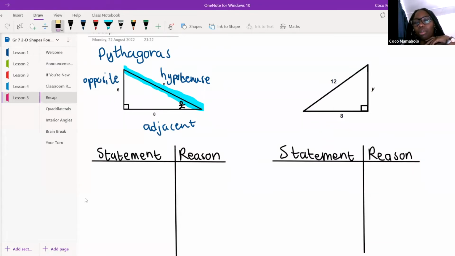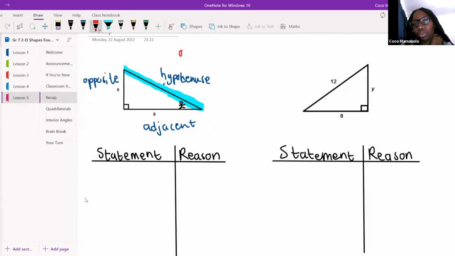Guys, if you don't remember how we did this, you're going to have to watch the video that we did on Wednesday. It wasn't with angles. It was with sides, and the sides had to be squared. Do you remember?